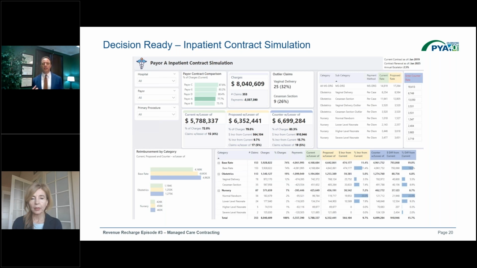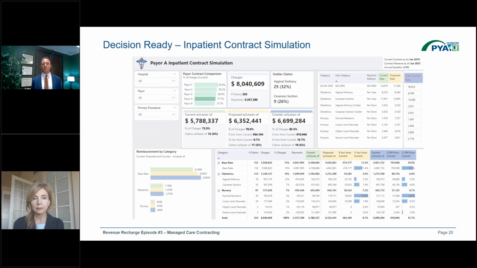For example, if we're looking at obstetrics, looking at the difference between vaginal births and cesarean births to make sure that difference makes sense. As a final step in determining the appropriateness of what we're submitting, we're looking at price transparency data. So for the top services specific to inpatient in this example, we're looking at market peers in the area to determine if what we're submitting in our proposal is competitive.